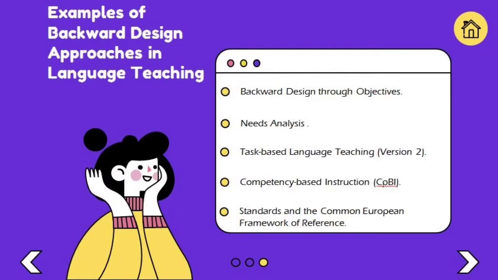Competency-based instruction, CBI. Competency-based instruction is another widely used example of backward design. With CBI, the starting point of curriculum design is specified learning outcomes in terms of the knowledge, skills, and behaviors learners are to accomplish.